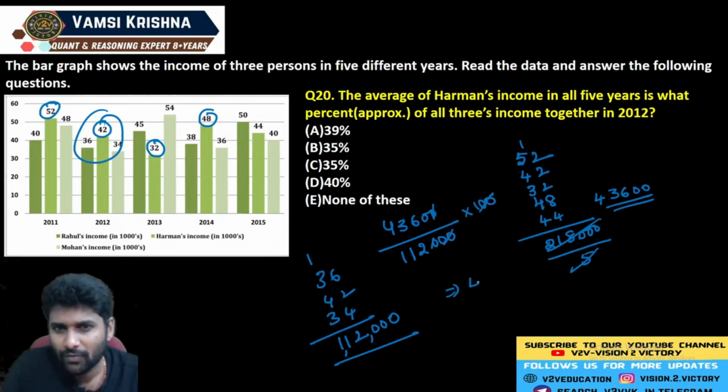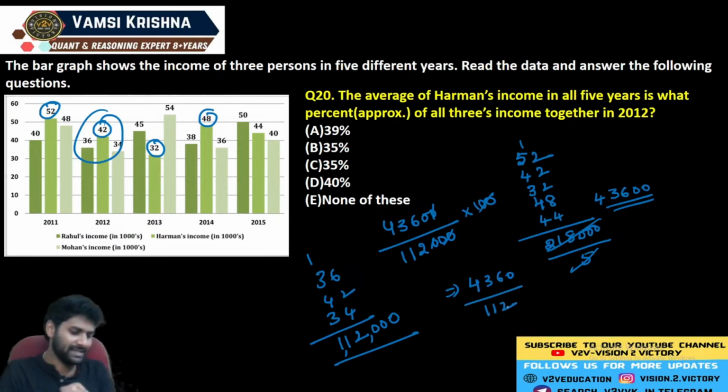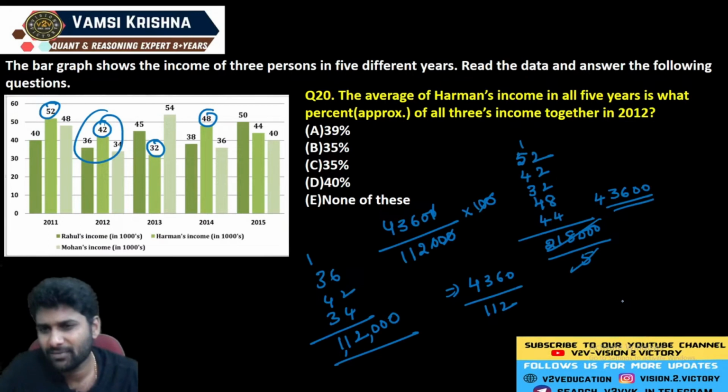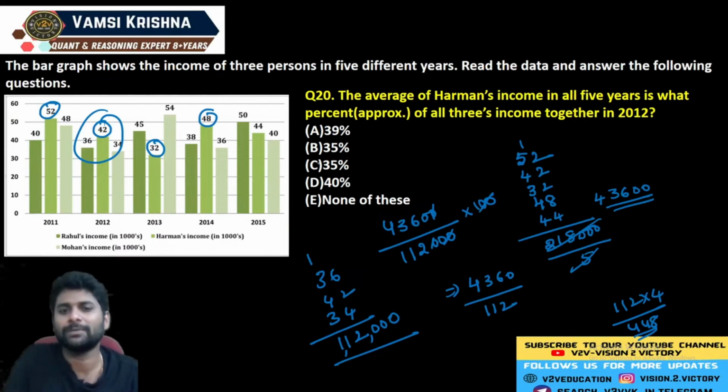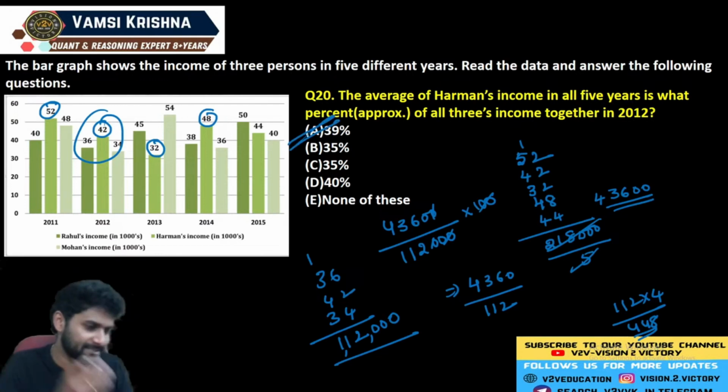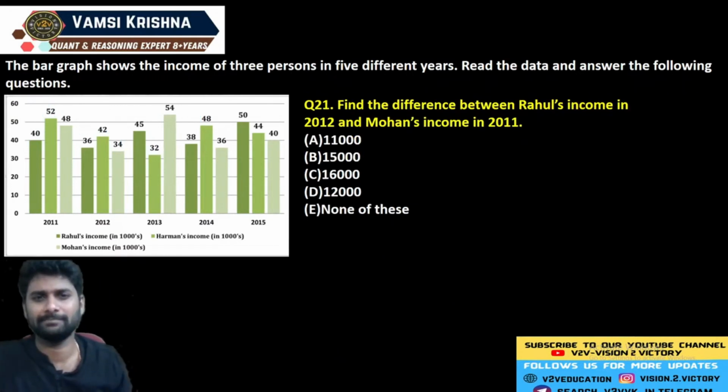Now the question here, 4360 divided by 112. What's the calculation? Now, let me take, see, 112 is multiplied by 4. It's 448. See, it's nearer to the 436, right? Definitely answer should be nearer to the 40%. Nearer to the 40% according to the option, it's a 39. 39%. It's an approximation, right?